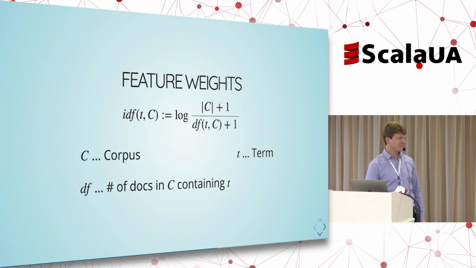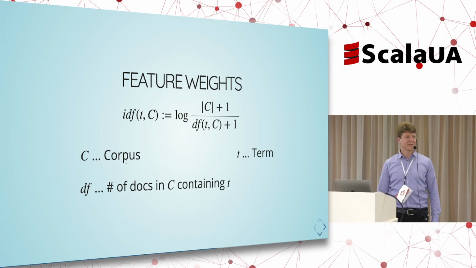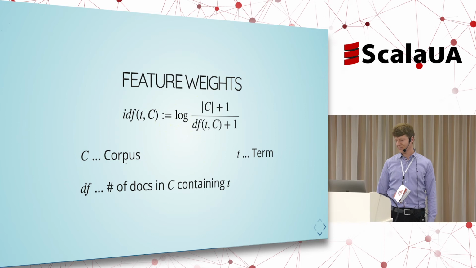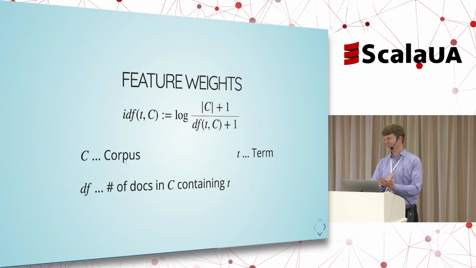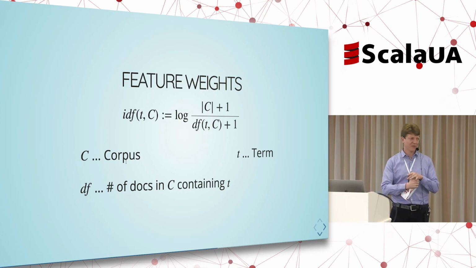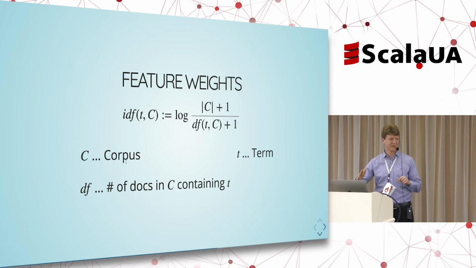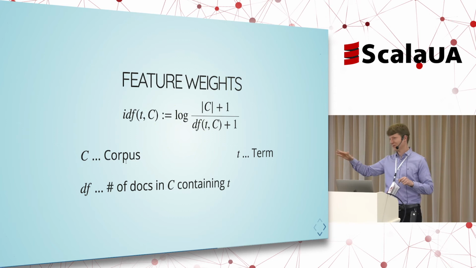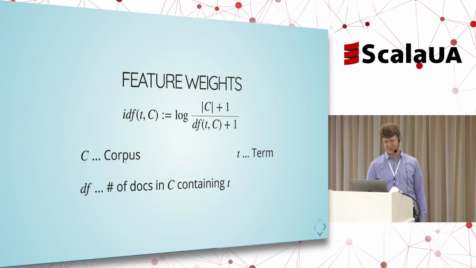Another thing I'm doing, we already talked about this a bit, so I will be very brief, is that I'm applying these feature weights. Very, very common words will be weighted down, so they will get less importance, and rather rare words that only appear in a smaller number of documents will get more importance.